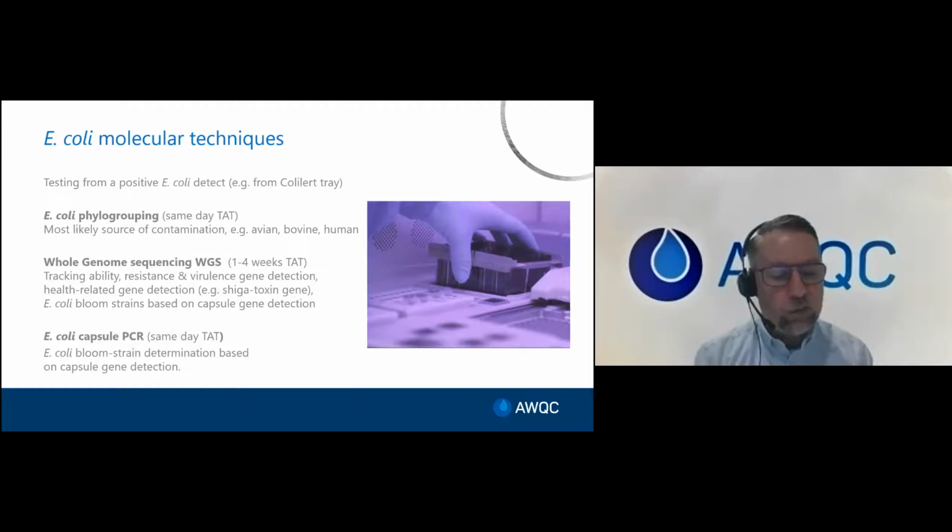And E. coli strains responsible for elevated counts of blooms in freshwater reservoirs or recreational waters carry a capsule, which may enhance the strain's ability to persist in the external environment. And typical environmental E. coli strains do not have pathogenic tendencies and therefore tend to be less of a health risk than the fecal-borne E. coli. And our E. coli capsule test covers actually all known Australian encapsulated E. coli bloom strains, so we can offer that as well.